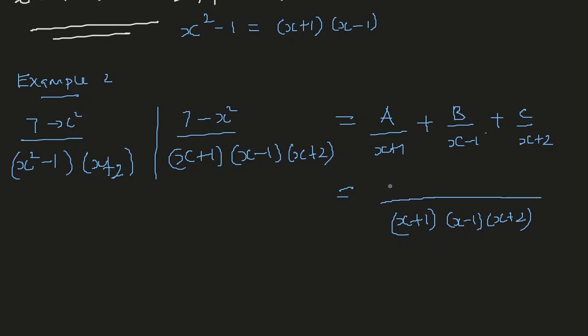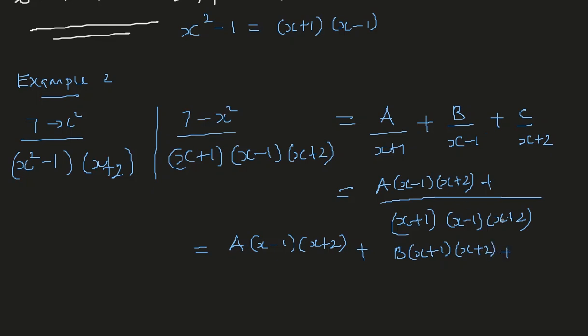When we divide this by this, we get a into x minus 1 into x plus 2, plus, when you divide this by this, we get b into x plus 1 into x plus 2.